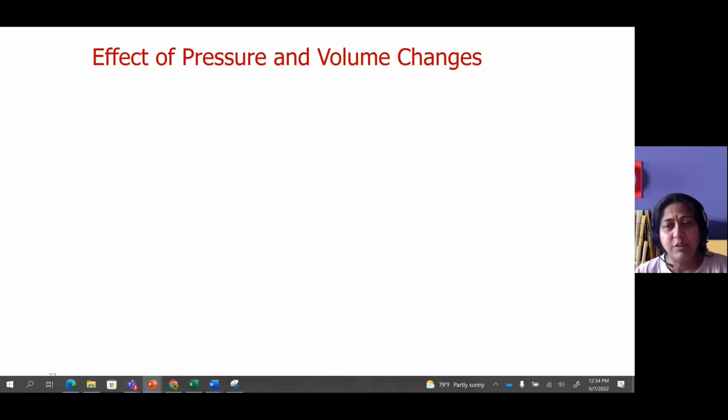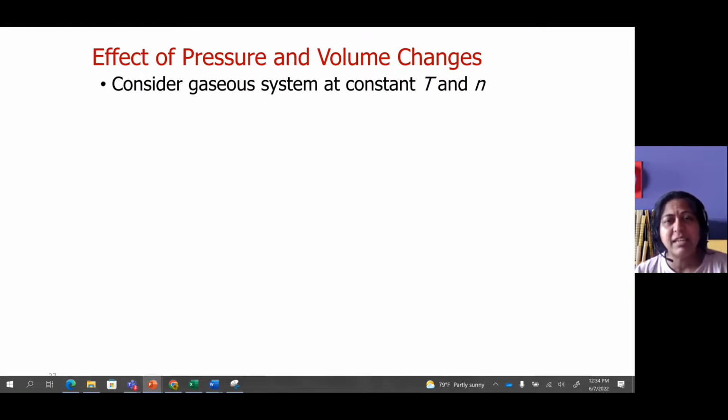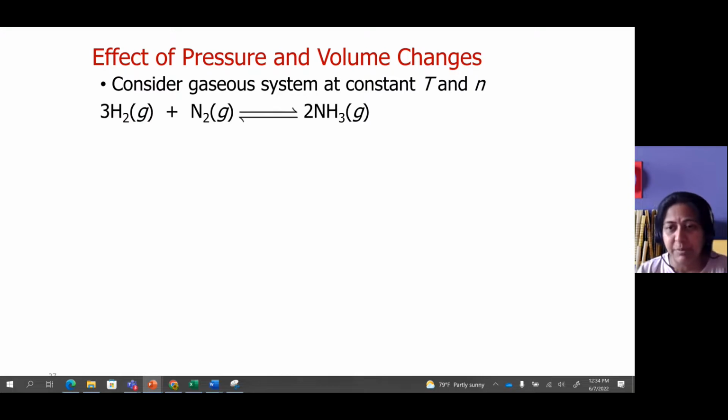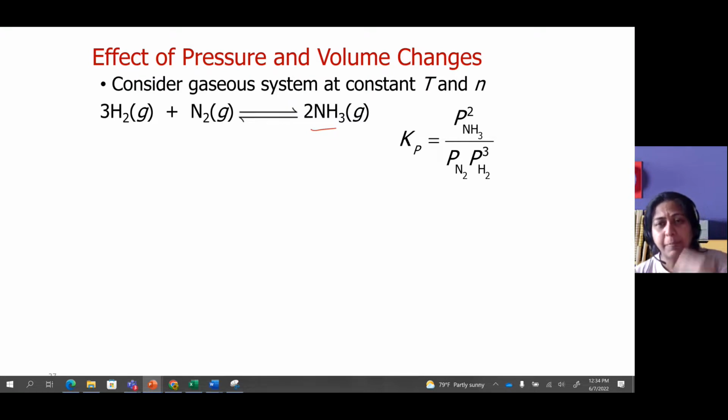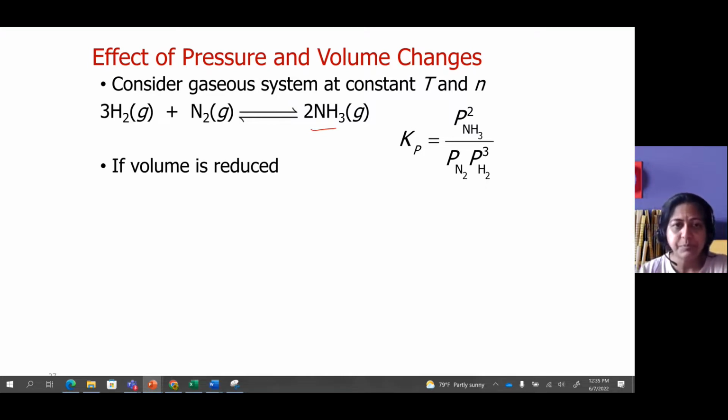Effect of pressure and volume changes on equilibrium. Let's consider a gaseous system at constant temperature and moles. The production of ammonia using hydrogen and nitrogen. The reaction is balanced. We write the Kp: the pressure of ammonia squared divided by the pressure of nitrogen times the cubed pressure of hydrogen.